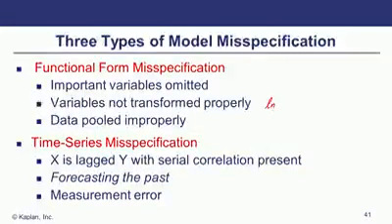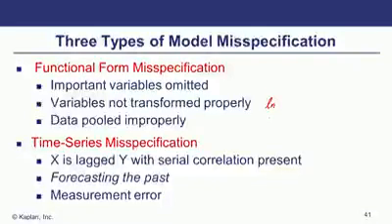Normally the way we transform these variables is by taking the natural logarithm of the variable. We shall see an example of that in a minute. And thirdly, data may be pooled improperly. So if you're talking about the real estate market, before the credit crisis and after the credit crisis, they're different sort of animals. So if you pool them together, you may be pooling your data improperly.